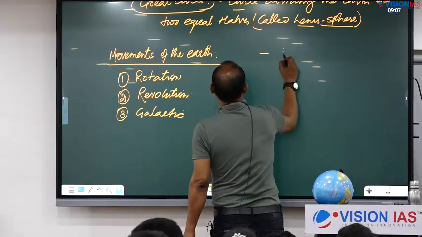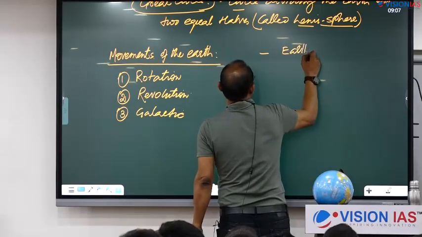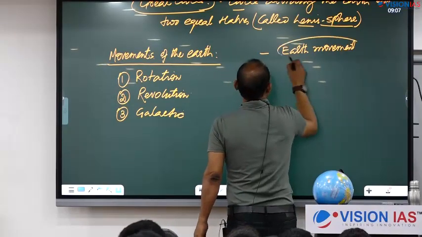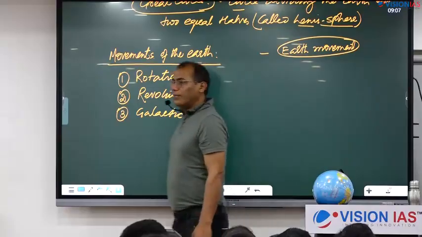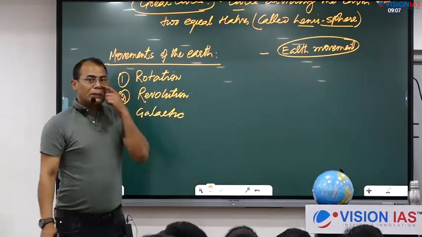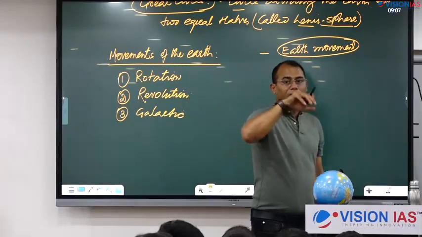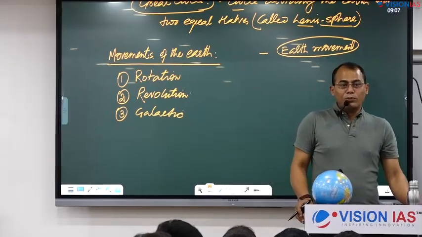There is a term called earth movement and movement of the earth. These are two different things. Earth movement is movement of the particles of the earth within its own body.